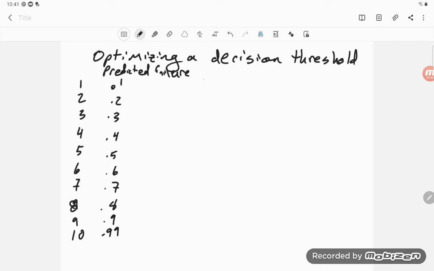Okay, and then we could have actual, and let's say, okay, this kidney lasted 5 years, that kidney lasted 5 years, that one didn't, this one did, that one did, that one didn't, and maybe the rest of these didn't.